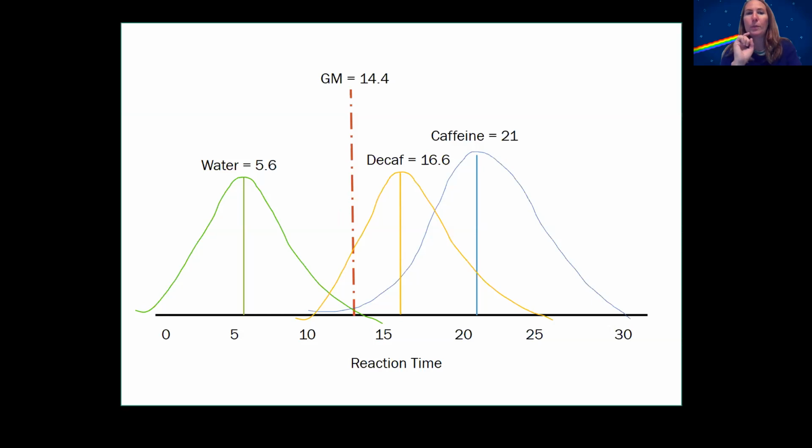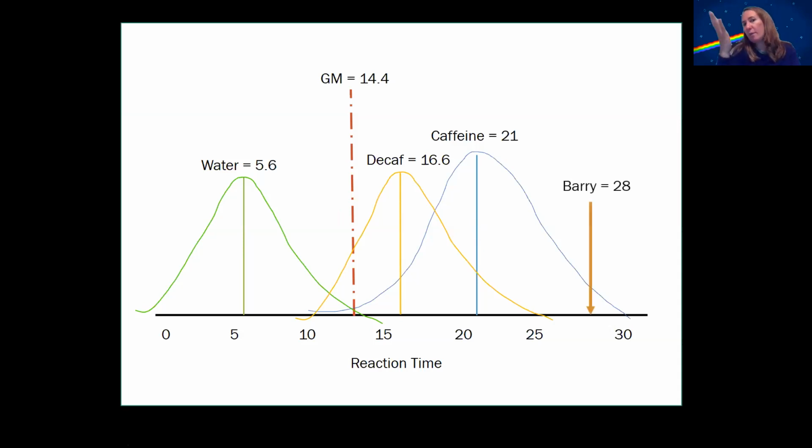For our decaf group, I get 16.6 as the average. For our water group, I get 5.6. So within each of our levels of our independent variable, we have a mean, and it varies, and it has its own curve and its own variability, okay? And then here's our grand mean.